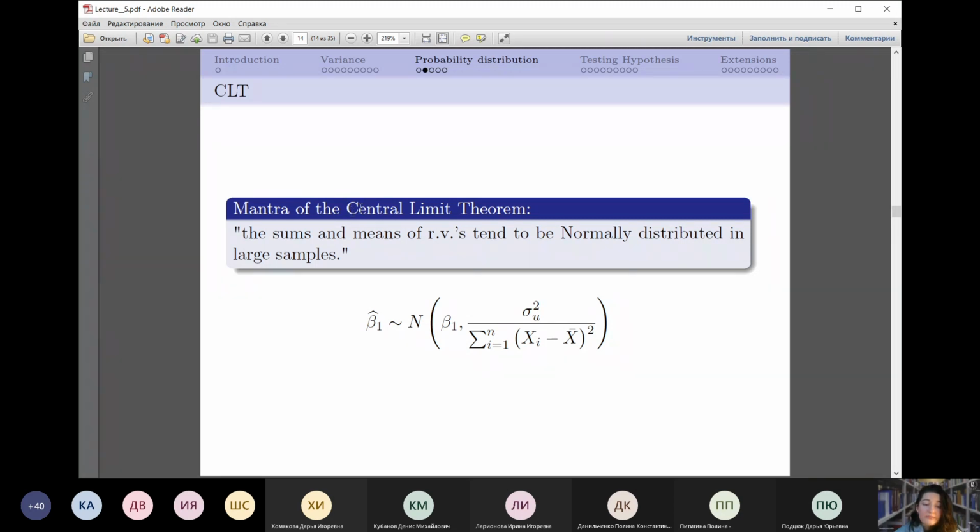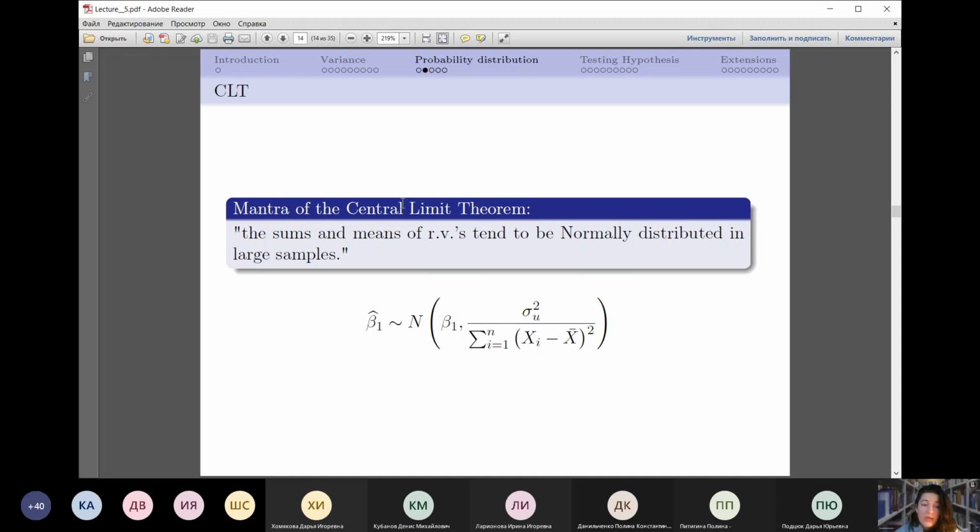If we make the assumption that the random errors are normally distributed, with mean zero and the variance, then the conditional probability distribution of the least squares estimators is also normal.